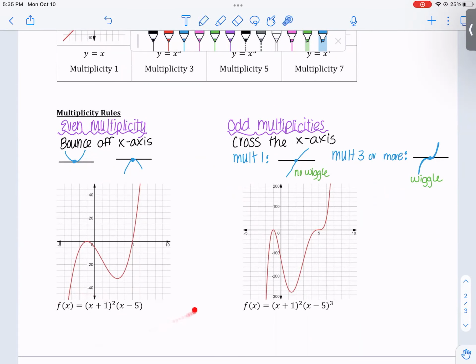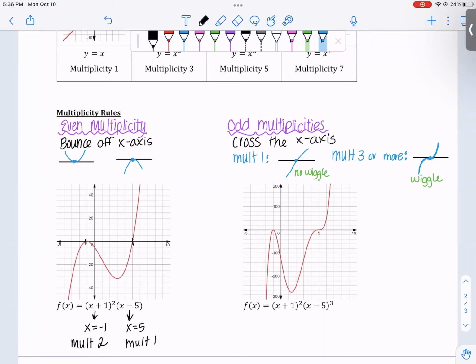So if I look at these graphs down here, you can see that I have the graph and I have the factored form. For this one, we have x equals -1 is a 0. That's right here, and it has a multiplicity of 2. That's its exponent. Here we have the 0, 5, and it has a multiplicity of 1.